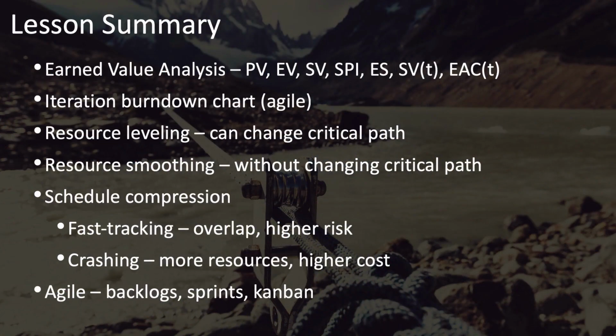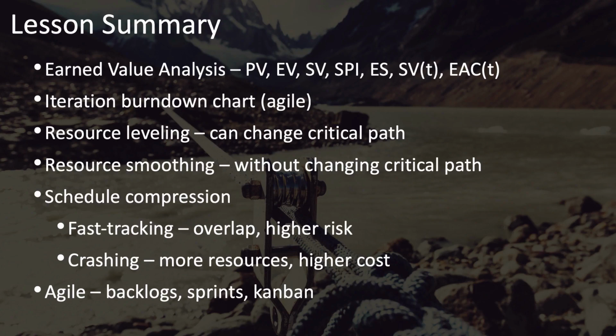This lesson has provided an initial look at earned value analysis, at least those components that are applicable to the schedule, and covered the iteration burndown chart commonly used in Agile approaches. Resource leveling, which can change the critical path and extend the final completion date of the project.